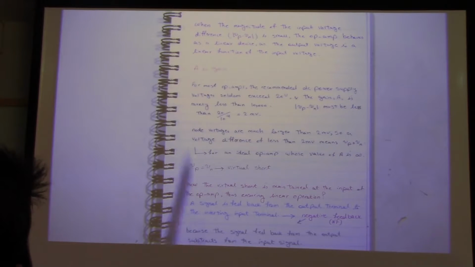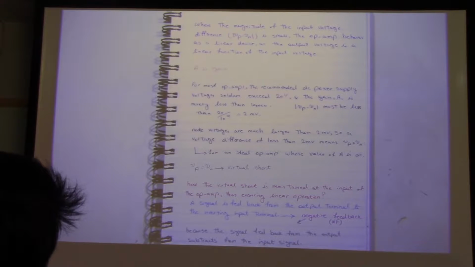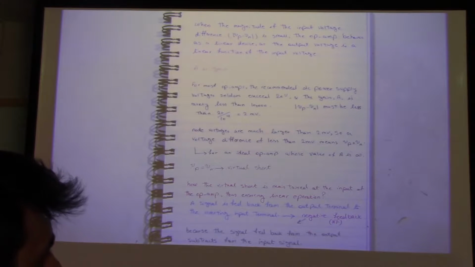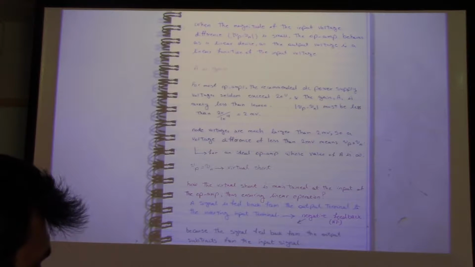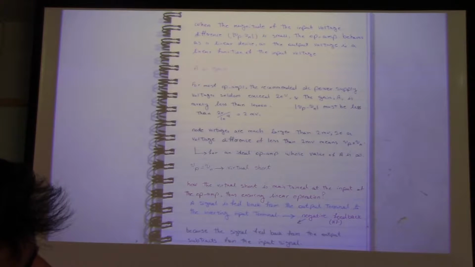So if we divide 20 over 10,000, we get 2 millivolts. What is now 2 millivolts over here? Why did I divide this one by A? What does it show?